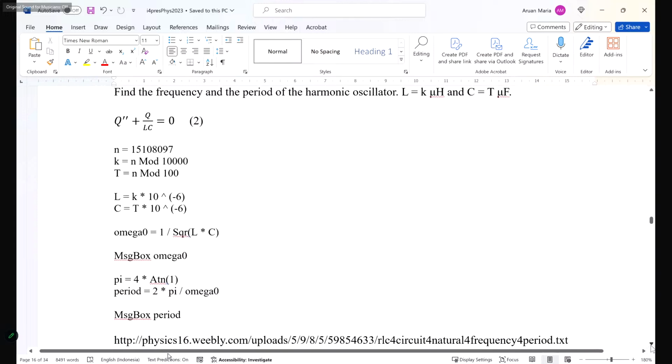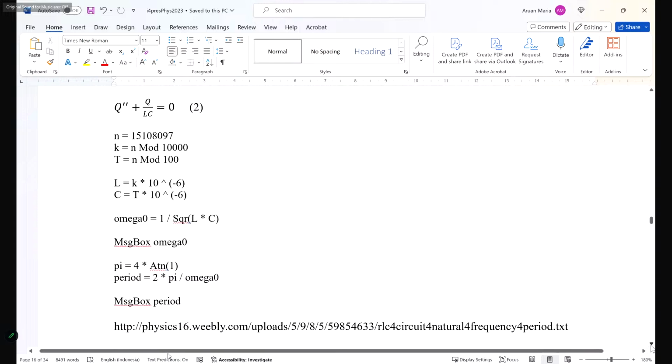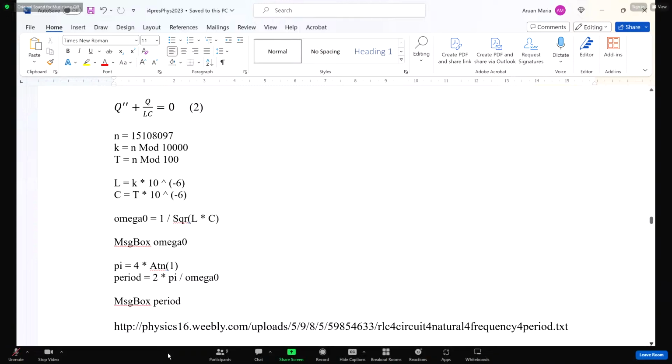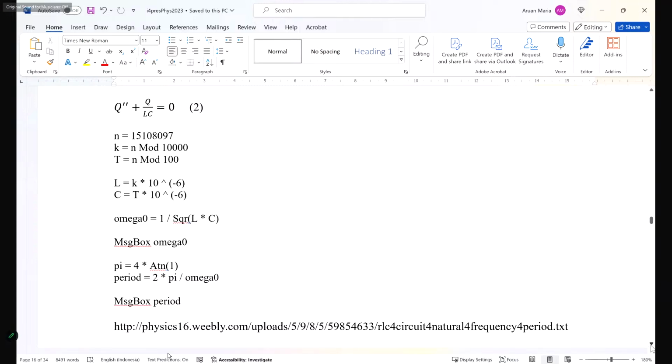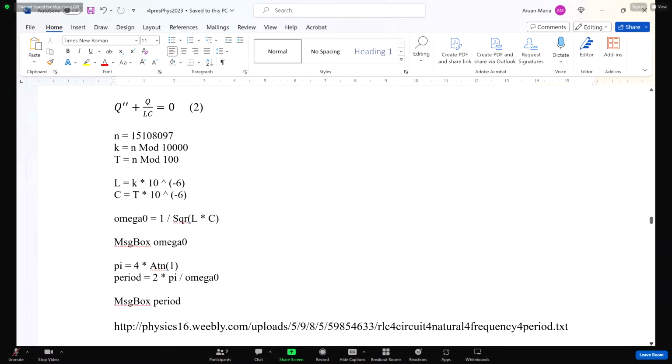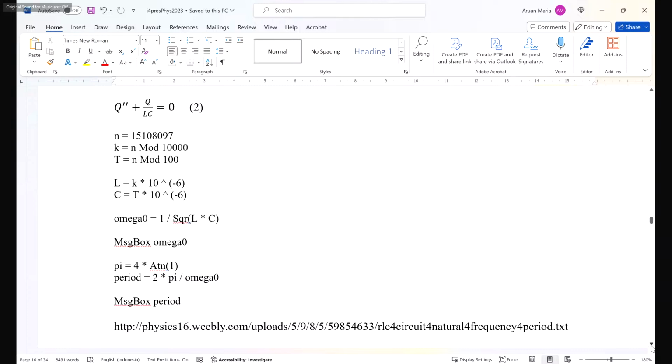And we calculate the period. Period is 2 pi divided by the frequency omega. Yeah, just like in the mechanical harmonic oscillator or pendulum, it's basically the same. Mathematically, it's the same. Just the numbers are a little bit different, and the physical meaning is different.